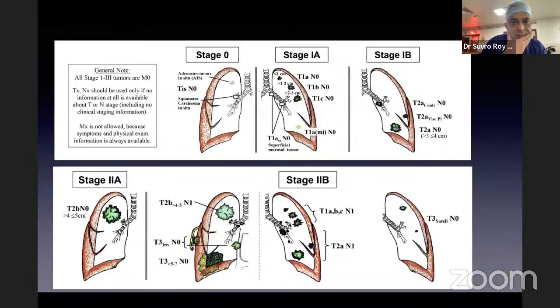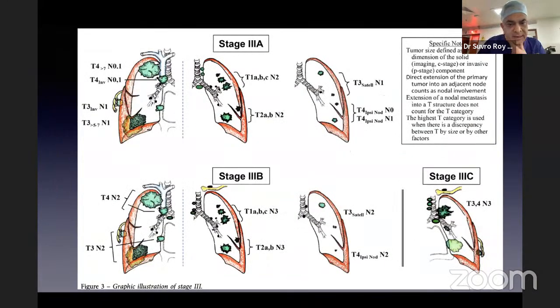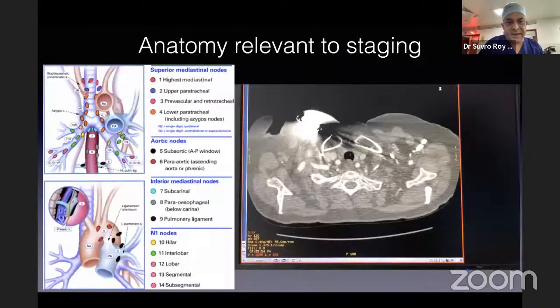And then you can bunch these T and N stages into stages: stage 0, stage 1, stage 2, stage 3. I think you guys know this. I'm not going to go through this in detail, because let me just take the next 10 minutes talking about the anatomy that is relevant to the staging.